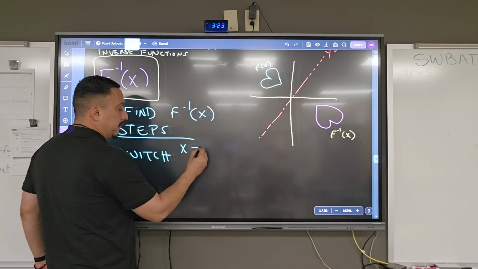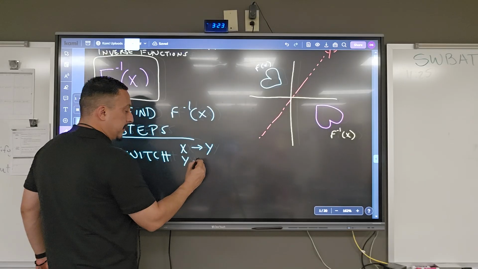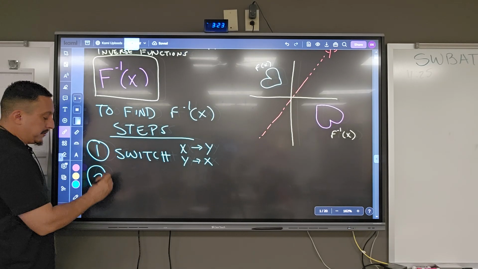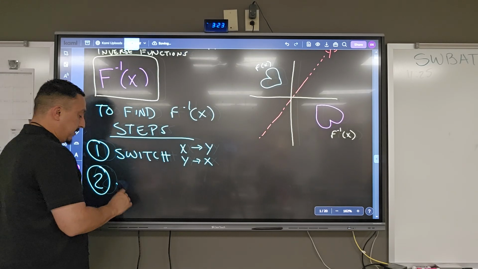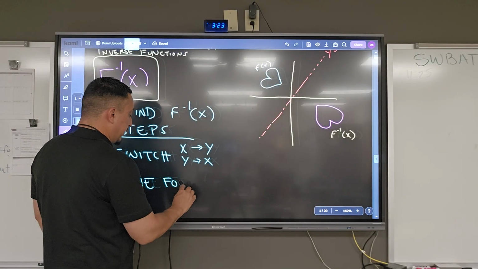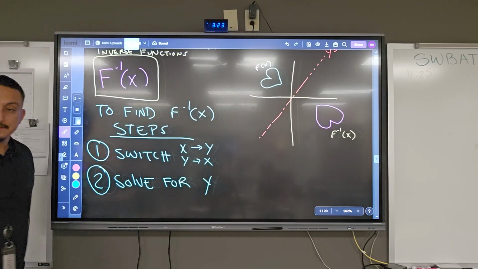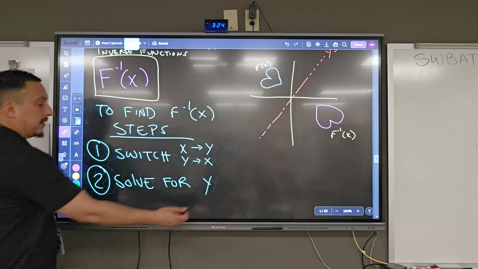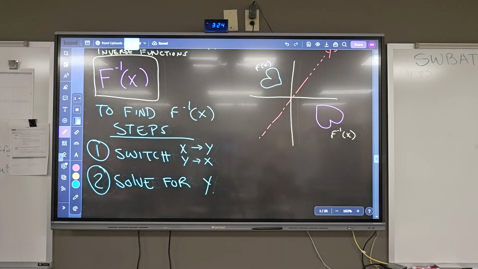So x will become y, and y will become x. No other thing, like you don't take the signs, you don't take the numbers, you don't take the parentheses, just the 2 letters switch. Once you've switched the 2 letters, step 2, and the final step is you solve for y. That's it. You should have done that in algebra 2, okay? At least the basic ones.